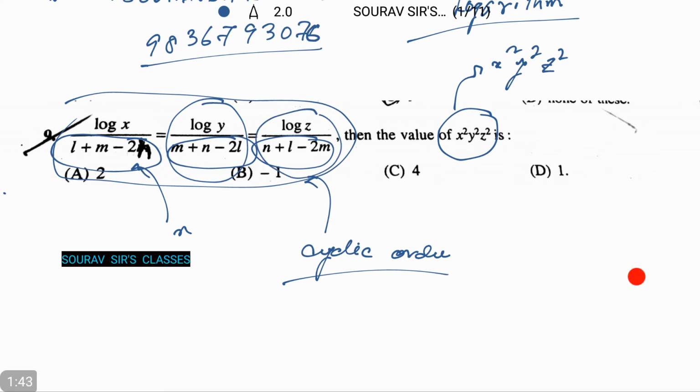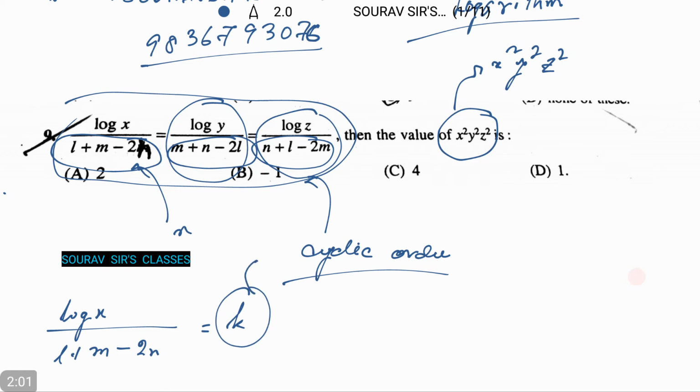So what we do here is log x by l plus m minus 2n equals k. This k is a proportionality constant and it's arbitrary, whatever k is.